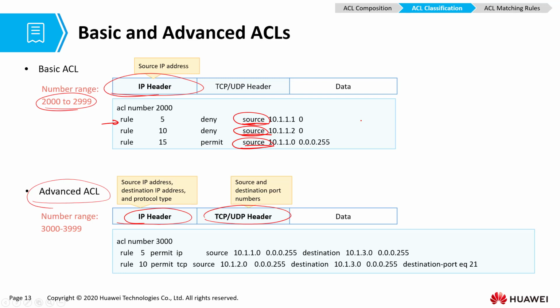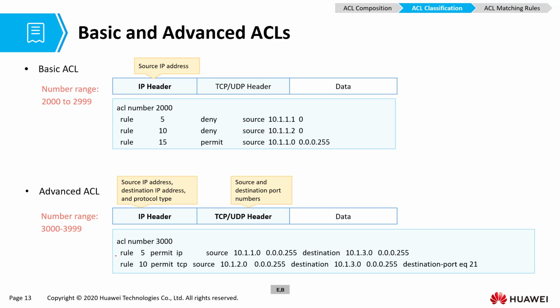A basic ACL actually is a subset. Many people regard it as a subset of an advanced ACL. Now, when you compare an advanced ACL to a basic ACL, clearly, I hope we can see that an advanced ACL will be more accurate and can get complex and has really flexible rules.